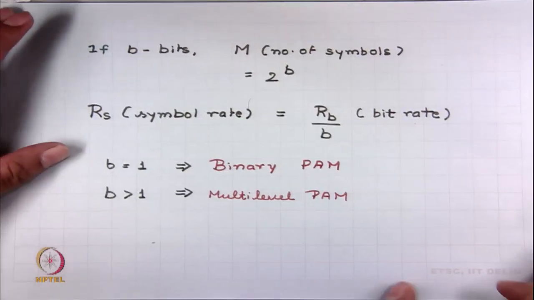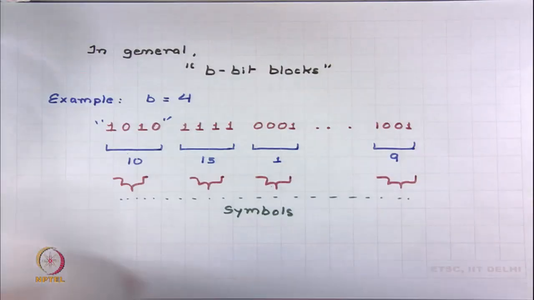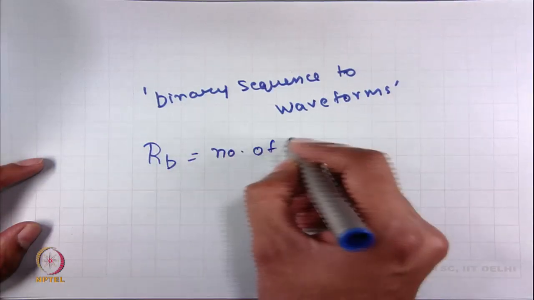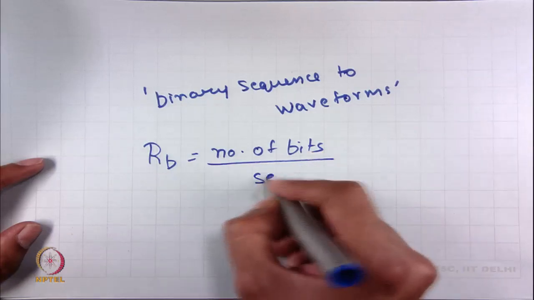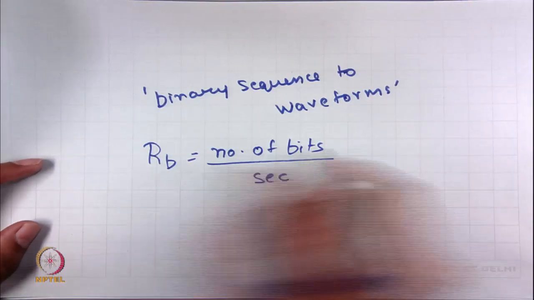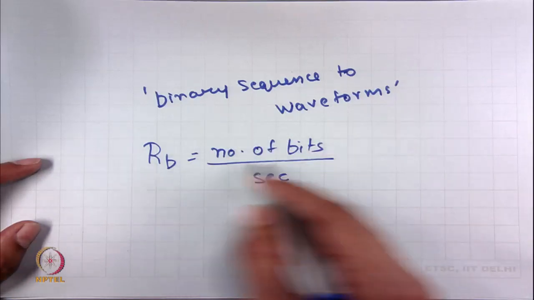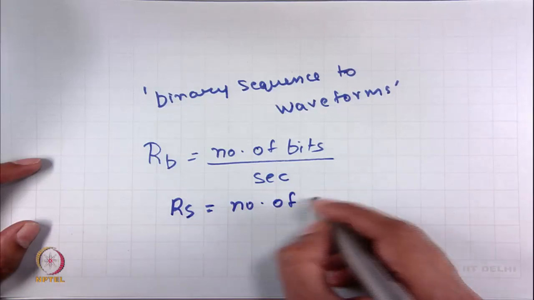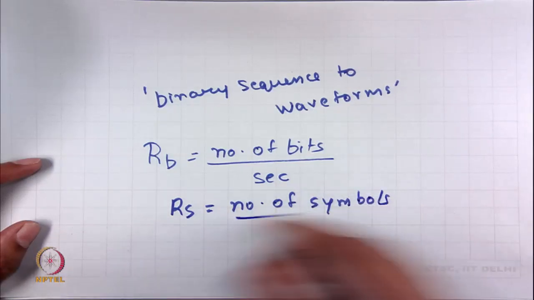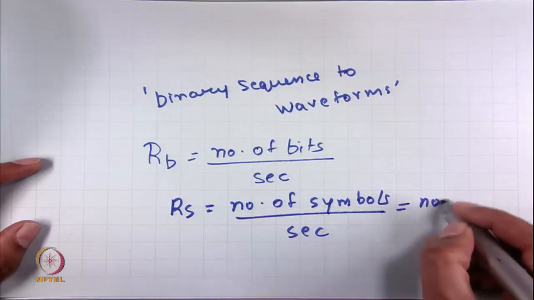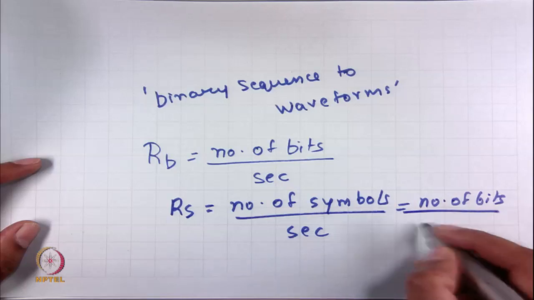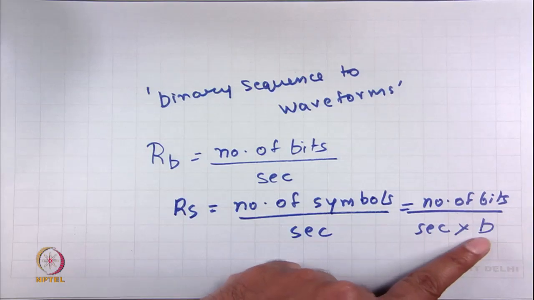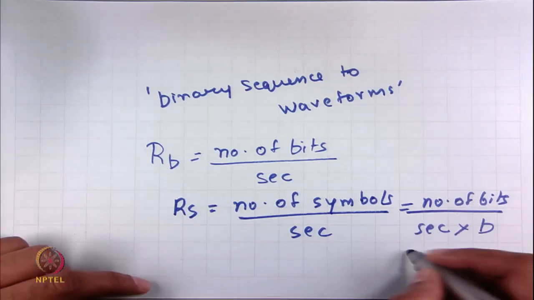What will be the symbol rate? For example, if I have a bit rate R_B, which is the number of bits per second, and in this example that we have considered, for every 4 bits I have a symbol. So, the symbol rate, which is the number of symbols per second, is nothing but the number of bits per second divided by the block length, which is in this case B, is it not? And the number of bits per second is nothing but the bit rate.